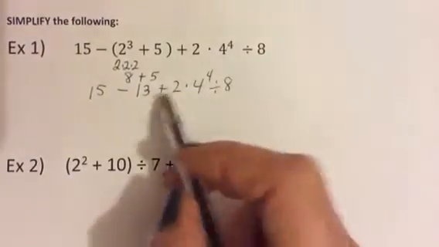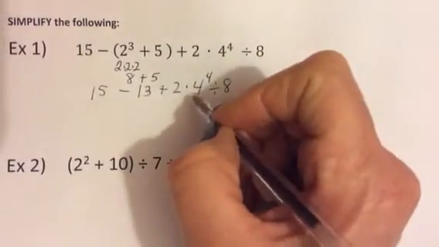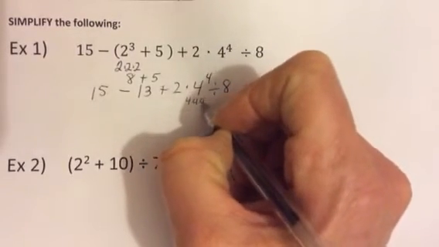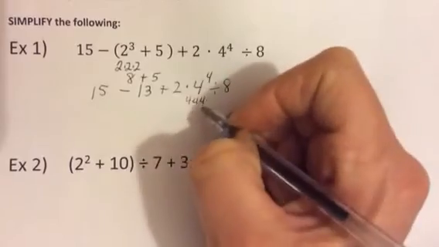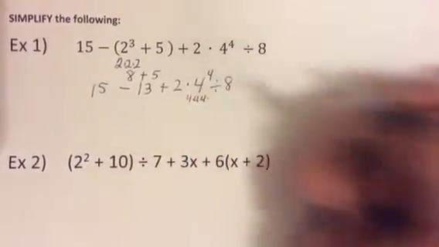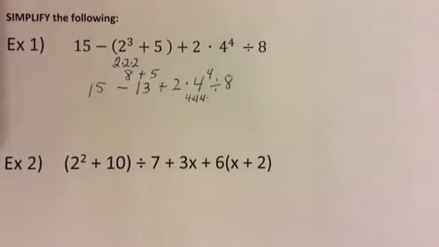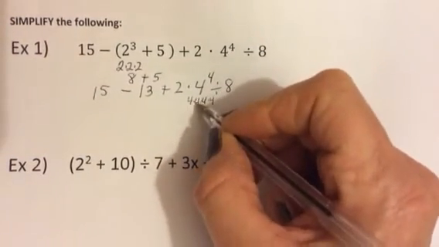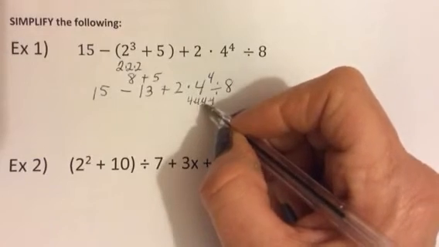So next we go to exponents. 4 to the 4th, which is 4 times 4 times 4 times 4. Now, I'm going to leave that there for just a minute. You could go ahead and multiply that out and get 16, 64, 256.